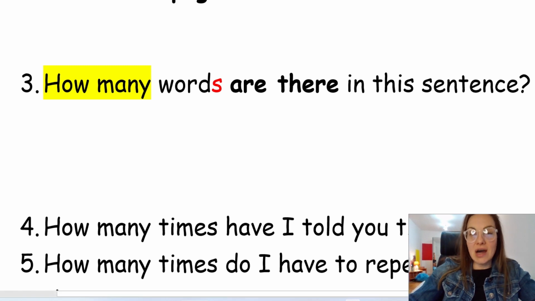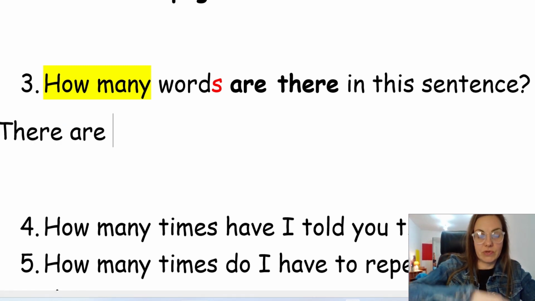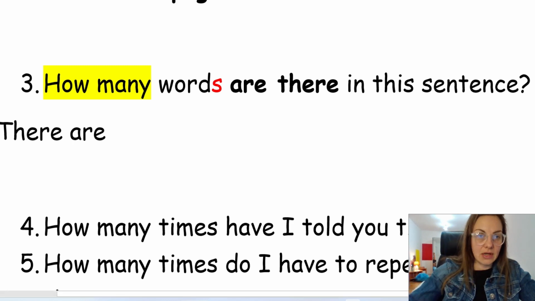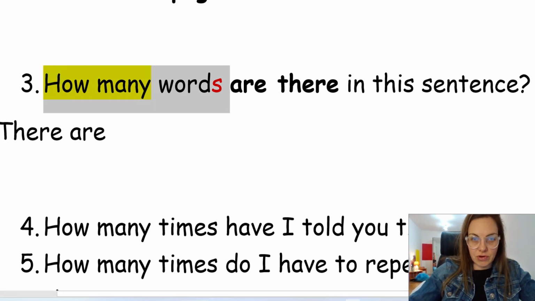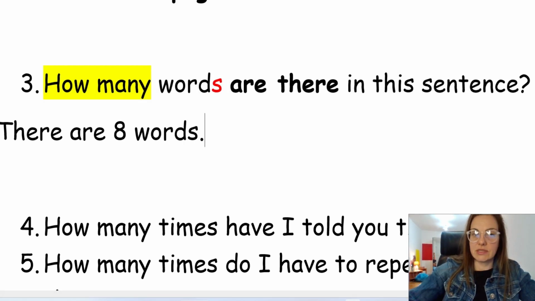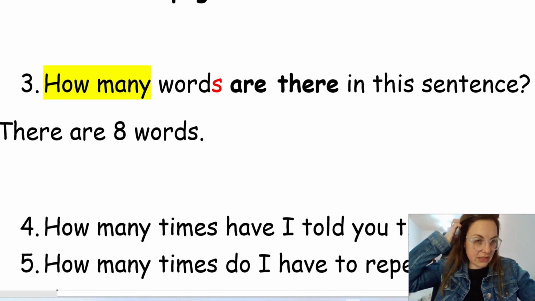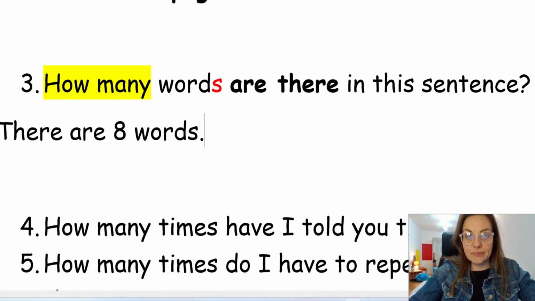So how many words are there in this sentence? We start the answer with there are. Let's see: 1, 2, 3, 4, 5, 6, 7, 8. There are 8 words in this sentence.